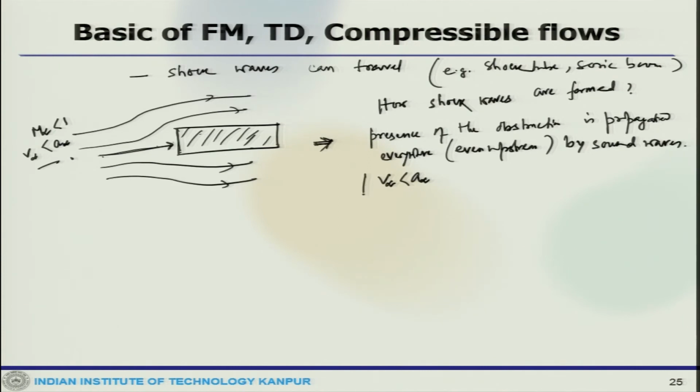Now, this is all right if the upstream condition is this, but if the upstream condition is supersonic, then what will happen? This sound wave cannot propagate from this position to the upstream position, and the information of the presence of this body cannot be passed to the point which is sitting in the upstream.